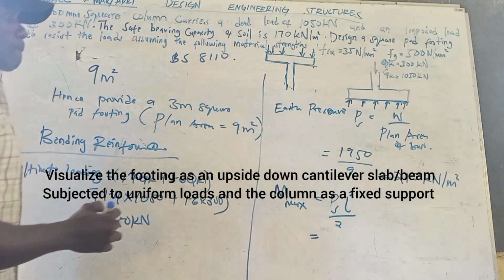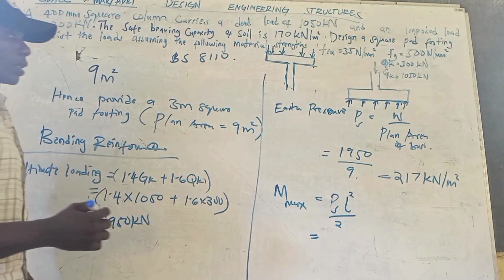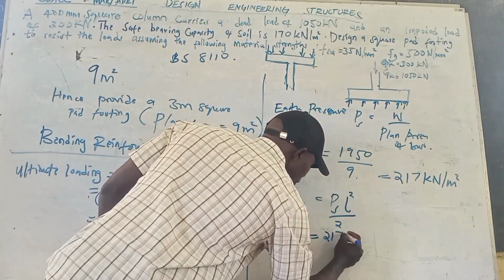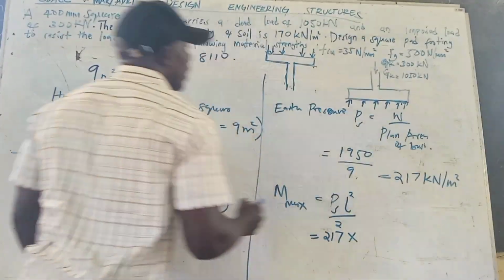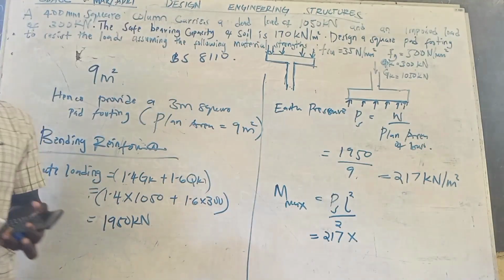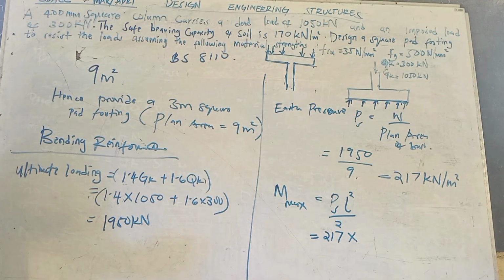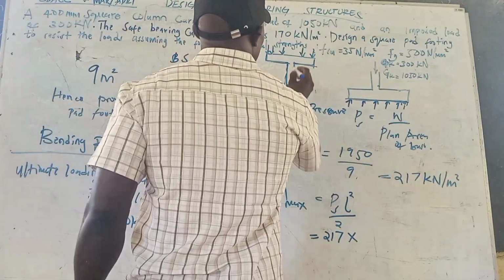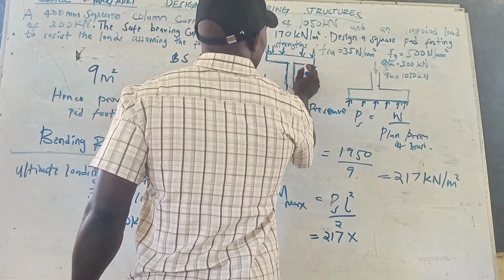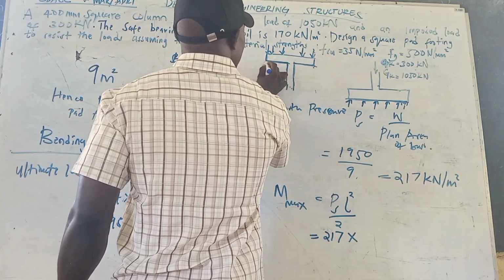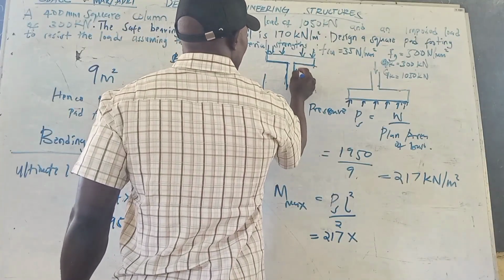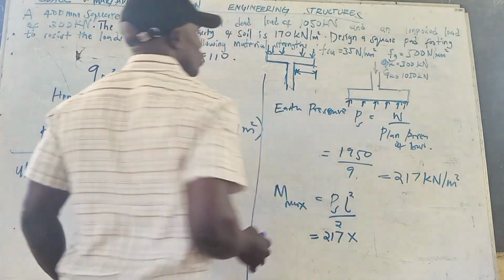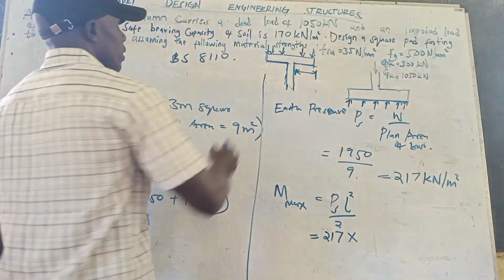That is the formula. So our PS was 217 times the length of the face where the footing is acting as a cantilever. So that is from here to here.